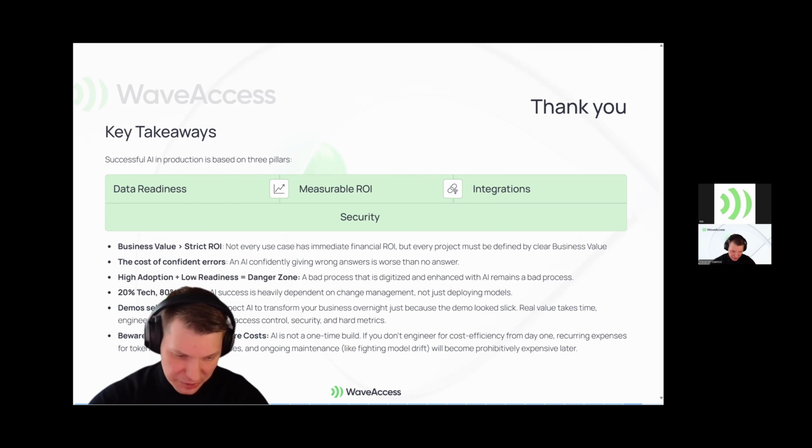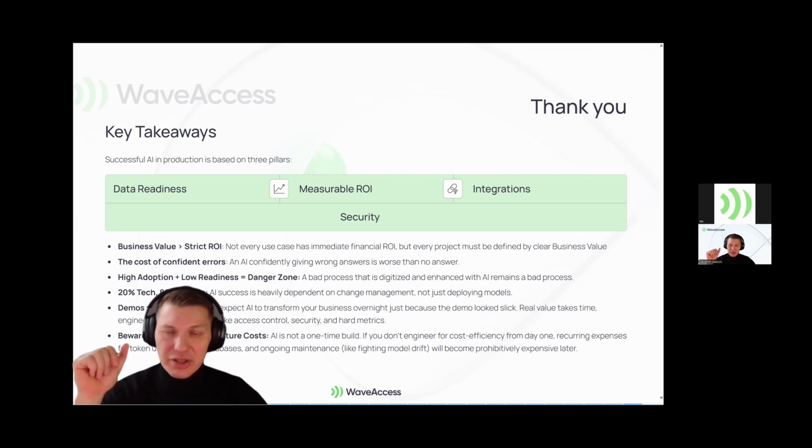And demo illusions. Don't expect that AI will very easily transform your business. Demos are very easy to sell. The demo is working, but while doing the demo, you always need to think about and present the side effects of real production implementation, like again security, again integrations, people and processes.